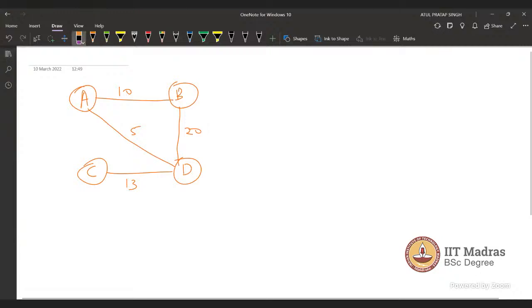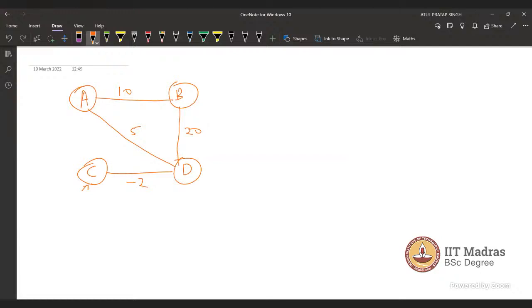But what happens if any weight is negative? For example, if the weight here is -2, we are talking about the undirected graph now. What is the meaning of a negative weight cycle in a directed graph and an undirected graph? In an undirected graph, if any negative weight is given, for example, if we are at C and moving to D, C to D has the negative weight -2.